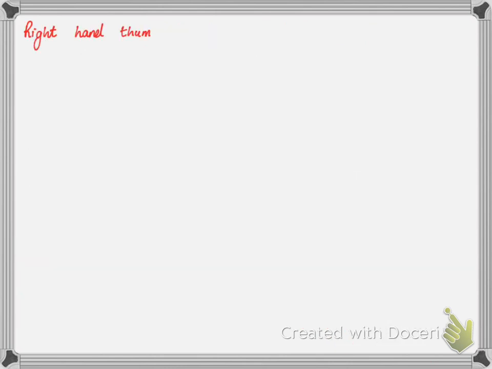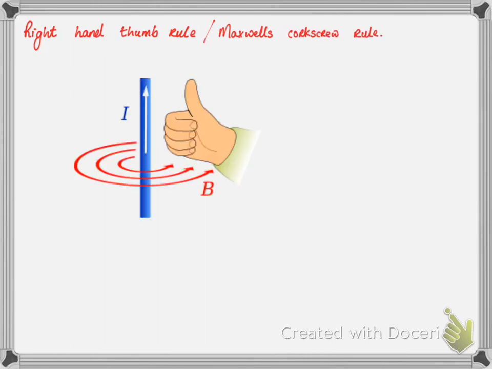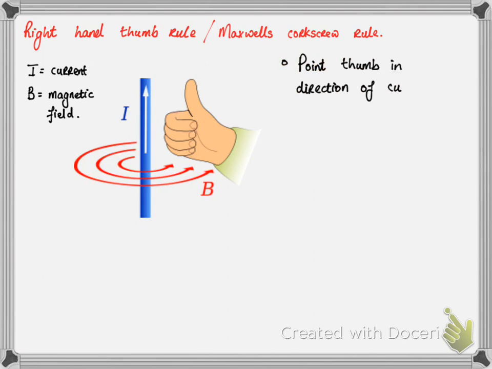For this, you need to use the right-hand thumb rule or the Maxwell corkscrew rule. In the following image, you can see the I, which again indicates current, B, which is magnetic field, and the use of your thumb. For this rule, point the thumb in the direction of the current along the conductor. As you can see here, the current is moving in this direction, and my thumb is also pointed in the same direction.